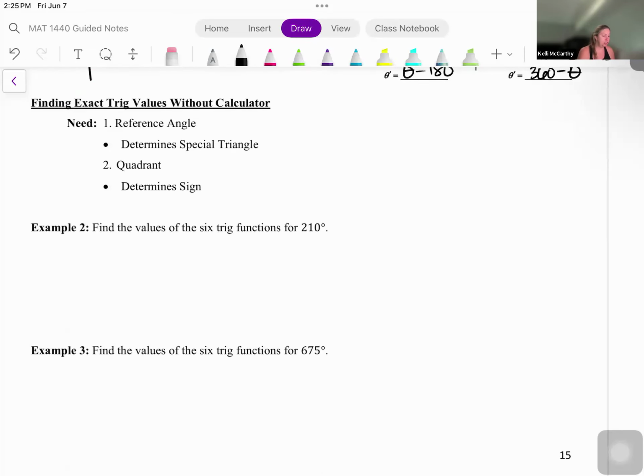We're going to find the 6 trig function values for 210 degrees. So I'm going to start by sketching a picture of 210 degrees. So 210, there's 180, somewhere in here. So there's theta. The blue is our reference angle theta prime.